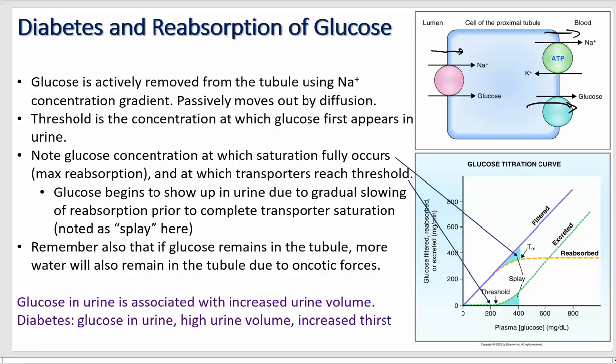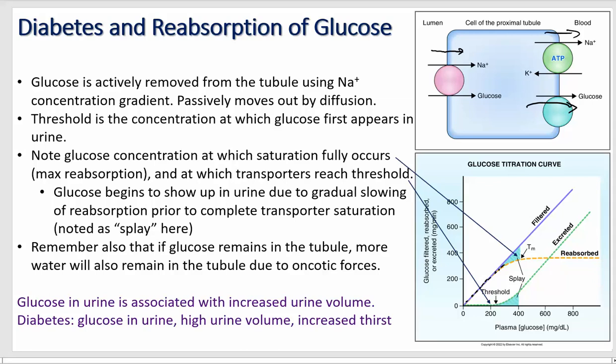But then we have this graph down here that shows what we were talking about with the saturation of the transporters. So if we look at just this dotted line, we have more glucose being excreted if there is more glucose.